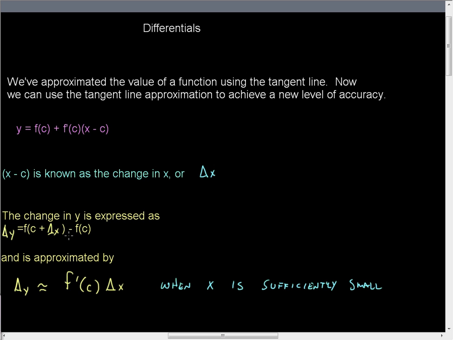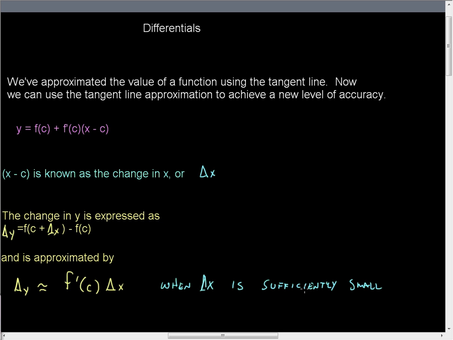And then we subtract off what it already was, and so that just leaves us with our change. Then the change of y can be approximated by f prime of c times this change of x. Now this is when the change of x is sufficiently small.